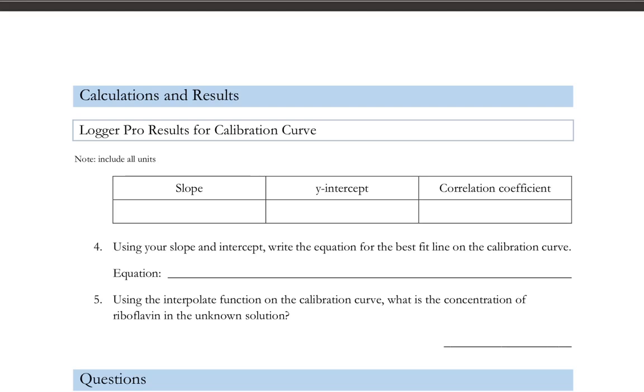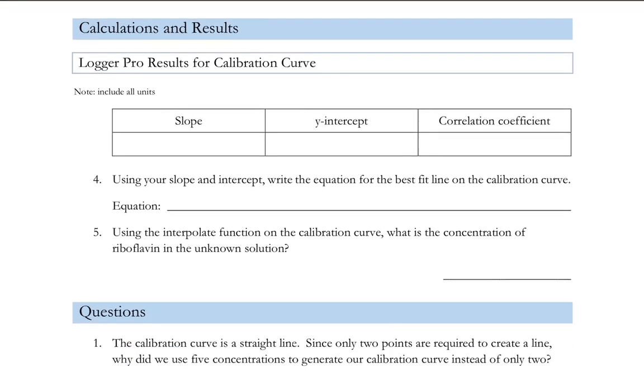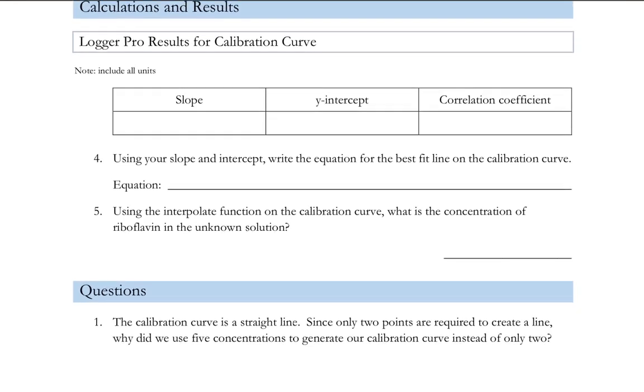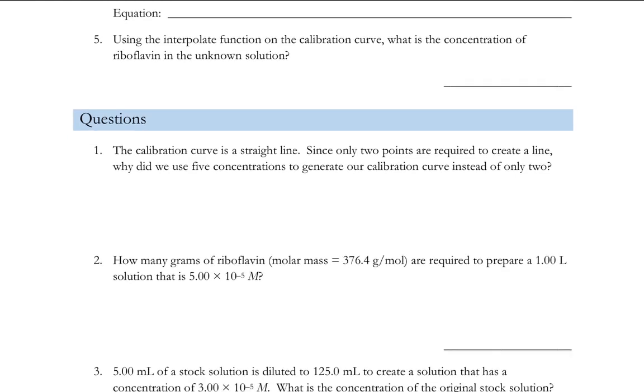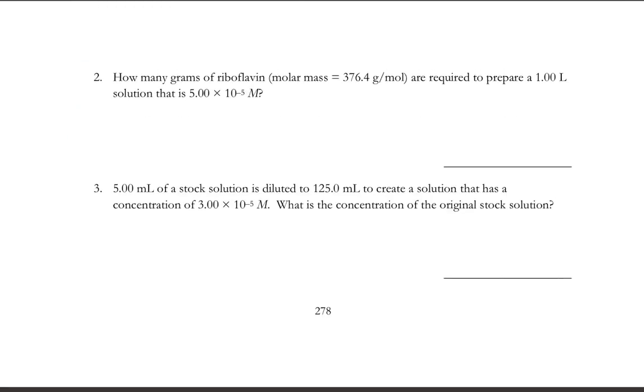The concentration, C, is your only unknown, and that is the concentration that we want. There are a few questions here, and once you're done with those, then you are done with the report. Make sure you're happy with your answers, scan it as a PDF file, and submit it.